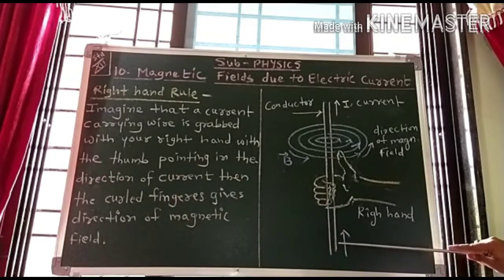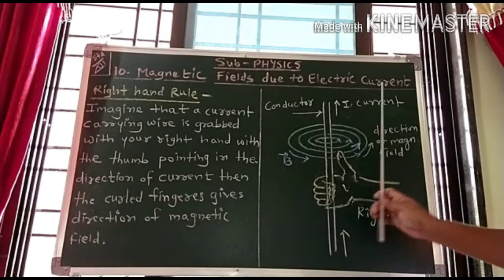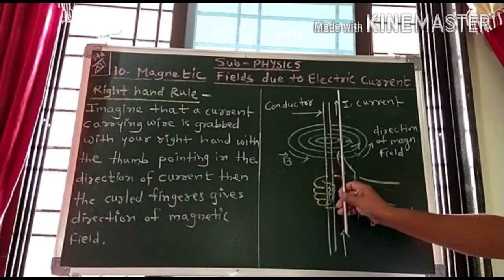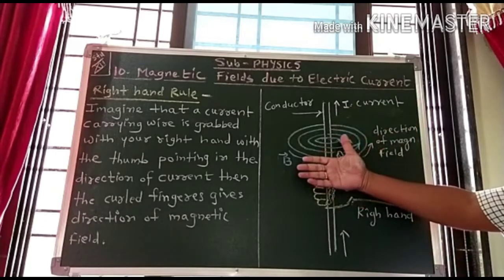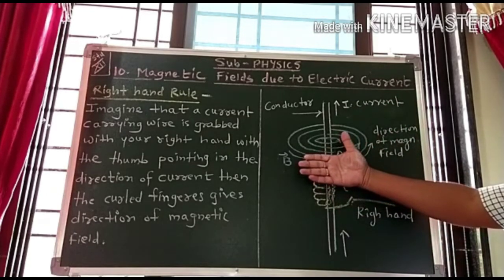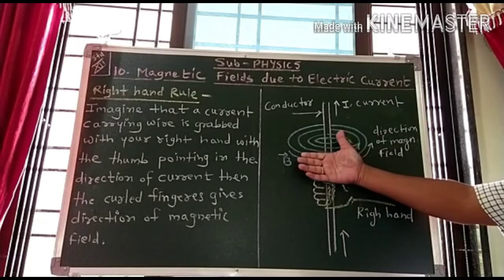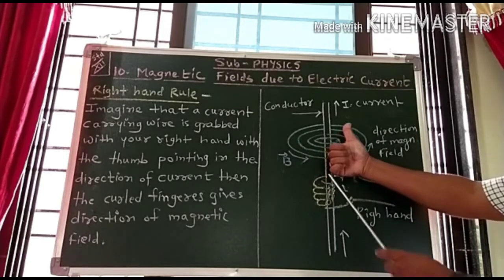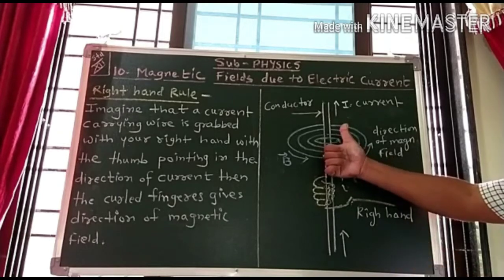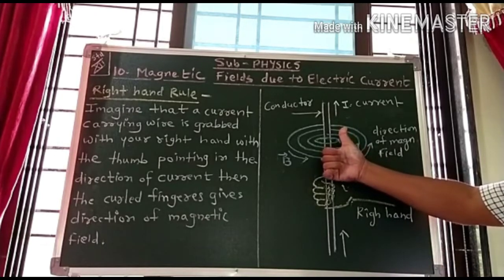Suppose the current is passing in the upward direction. Hold this conductor in your right hand so that the thumb points in the direction of current, then curl the other fingers around the conductor. These curled fingers give the direction of the magnetic field produced around the conductor.